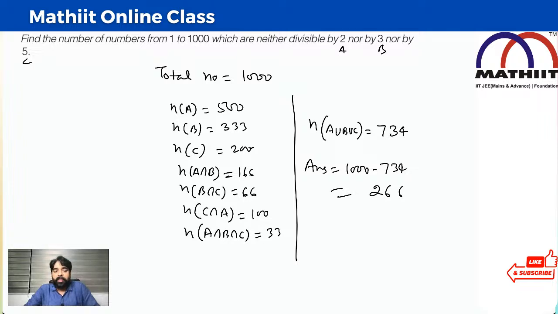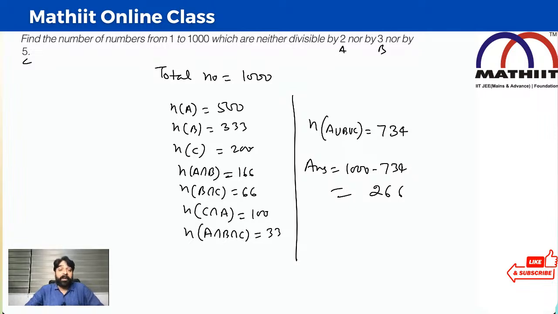Where is the confusion coming? According to the question, find the numbers from 1 to 1000 neither divisible by 2, 3. So 1 has to be included. It's not mentioned between. It says from this to this. I hope it's clear to you. Right? Let's go ahead.